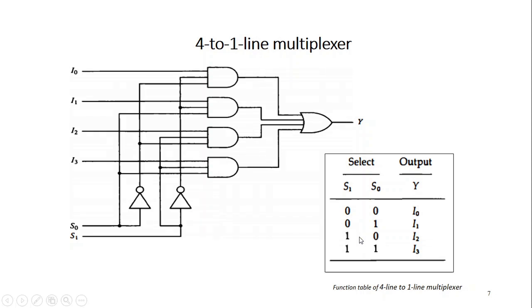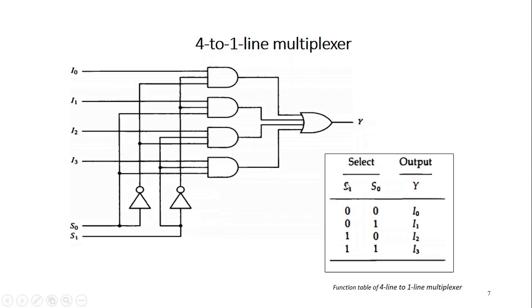In this case, the AND gate associated with the input I2 has 2 of its inputs equal to 1 and the third input connected to I2. The other 3 AND gates have at least one input equal to 0. The OR gate output is now equal to the value of I2, thus providing a path from the selected input to the output.